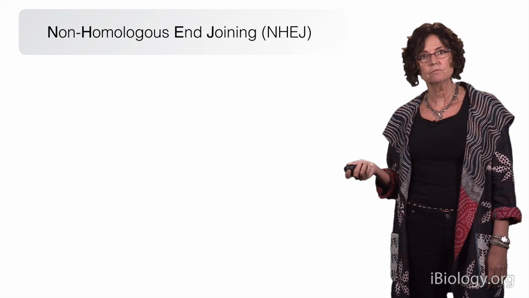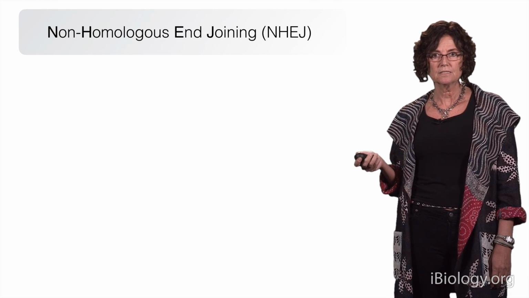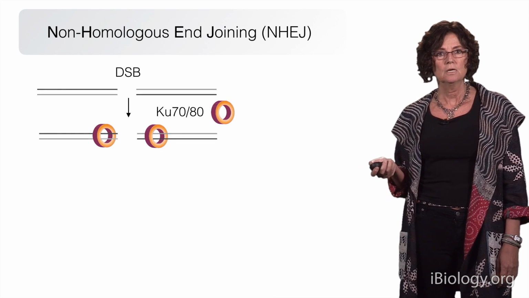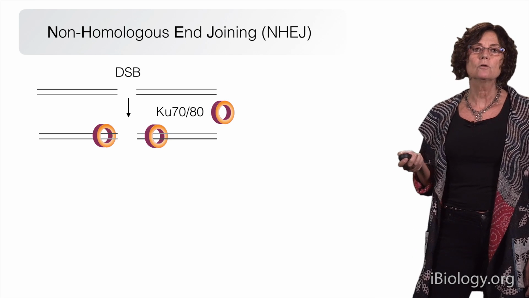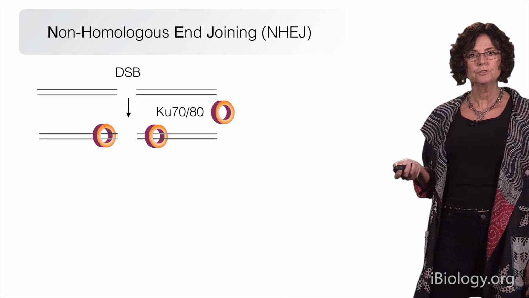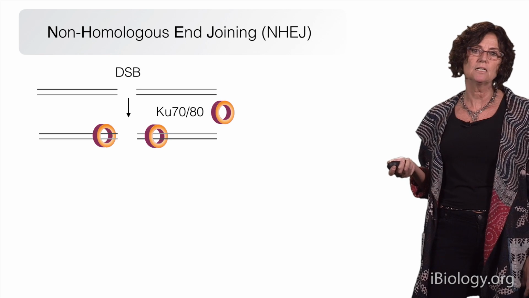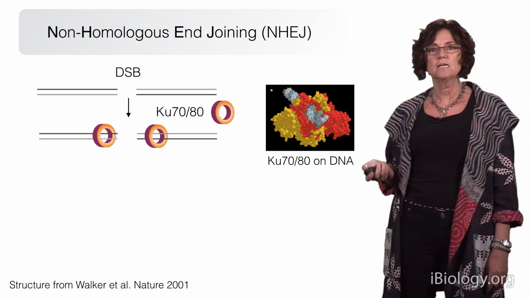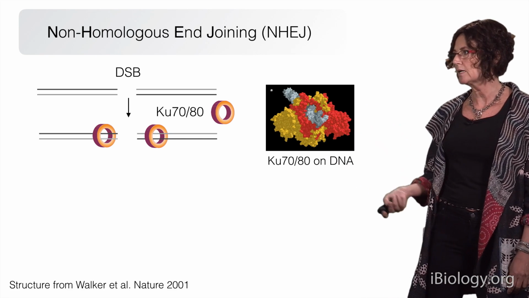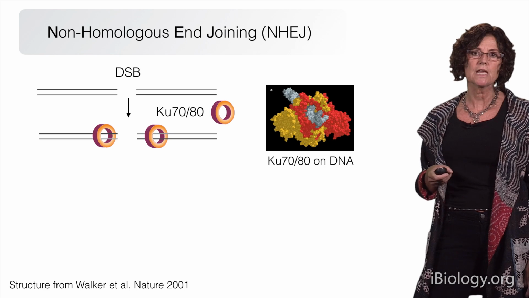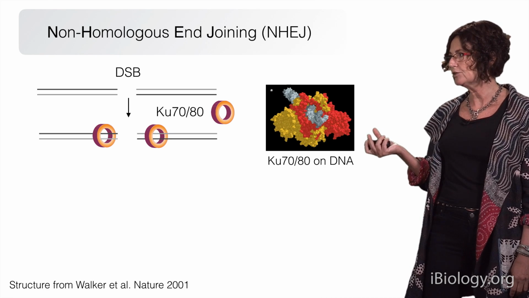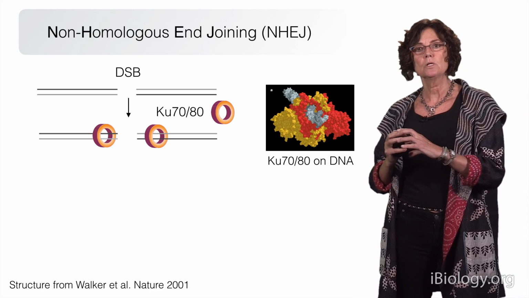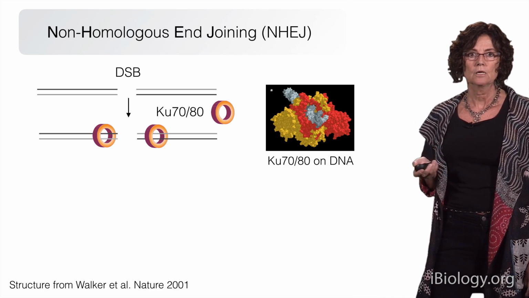Non-homologous end joining is a very simple pathway that's very active in mammalian cells, and it repairs DNA breaks. It starts out by the loading of a ring-shaped molecule onto the DNA end, the Ku70/80 heterodimer. This is a structure of the Ku70/80 heterodimer on DNA done by Jonathan Goldberg's lab, and you can see that this molecule has an opening that's just big enough to allow DNA to go through.